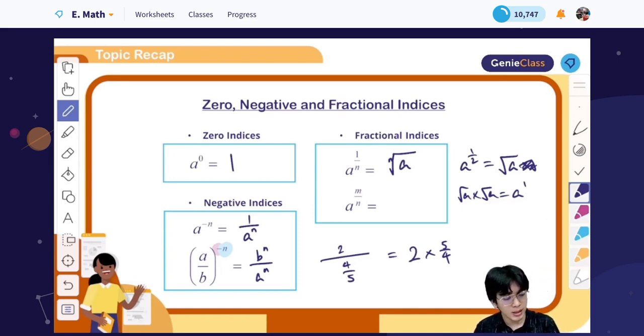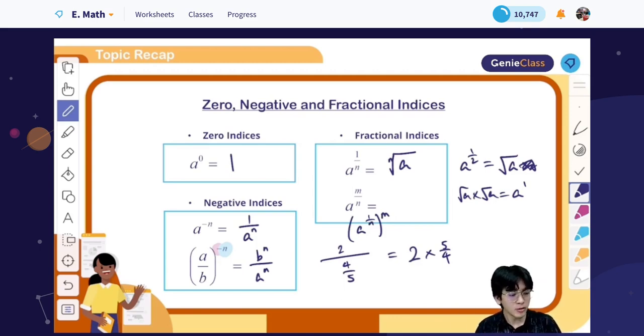Alright, last but not least, if you have a power m over n, what do you get? It's very similar to the previous one, right? You can think of it as a power 1 over n, times power m, because the powers multiply together.